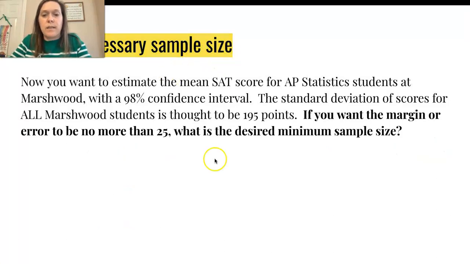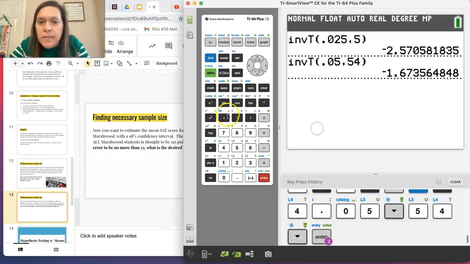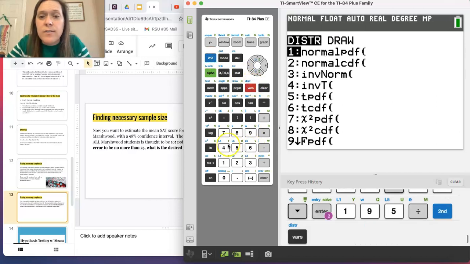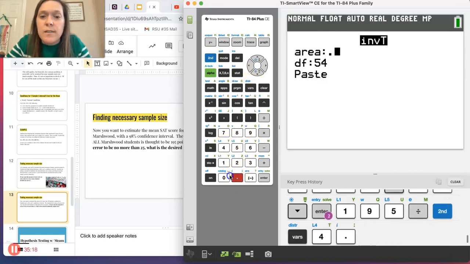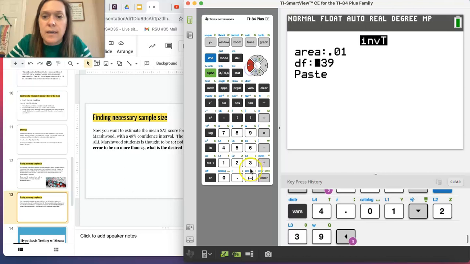So let me just show you what I'm doing on my calculator. Where are we at? 195 divided by, so then what you can do is second vars for inverse t, 0.01, 329.